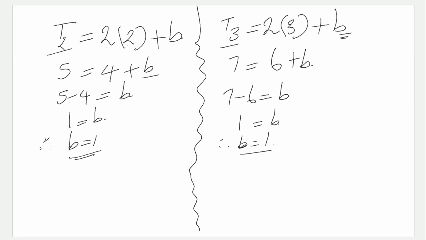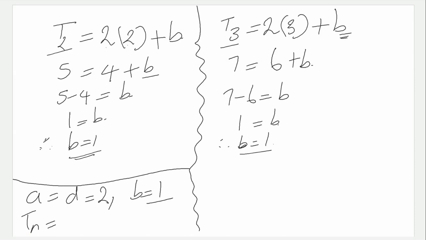So how do you write your general formula? You know that the value of a is the constant difference, which is equal to 2. Tn is just the general term number, and the value of b is 1 because we calculated it. Writing my general rule in full, for Tn the value of a is 2, then n is n because I'm not specifying a term number in this case, then plus 1.